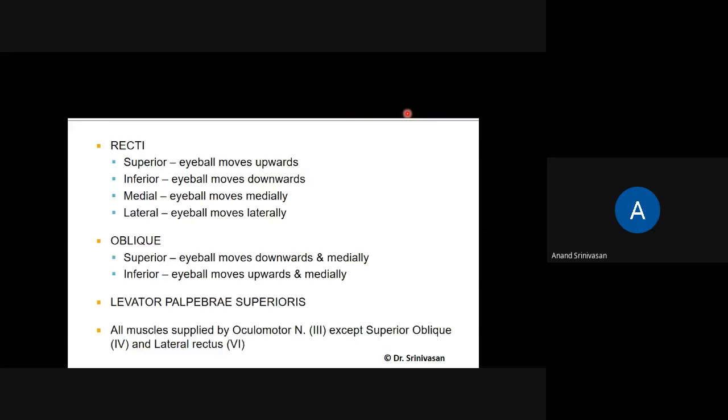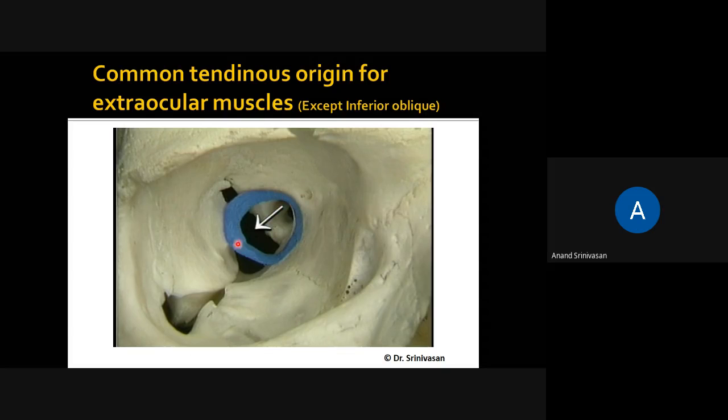You can see there are four recti: superior rectus, inferior rectus, medial rectus, lateral rectus. The obliques are only the superior oblique and inferior oblique.